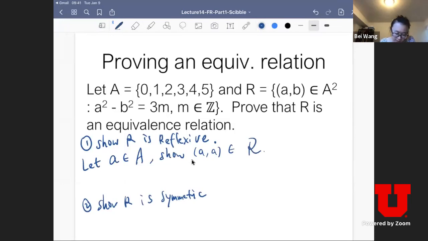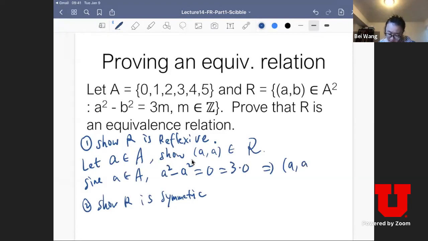Since A is already in the set A, we can compute A squared minus A squared, which is equal to 0, which means it's equal to 3 times 0. And then by the definition of the relation R, this means A, A is in R for all elements A in capital A.